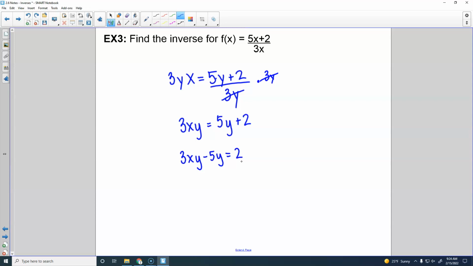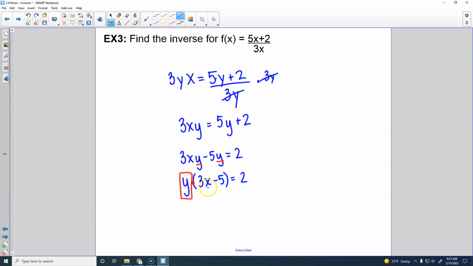And here's where the magic happens. Both of these have y's, so I'm going to factor the y out. So y times (3x minus 5) will equal 2. Now I've got a single y together, and it's multiplied by what's in the parentheses.